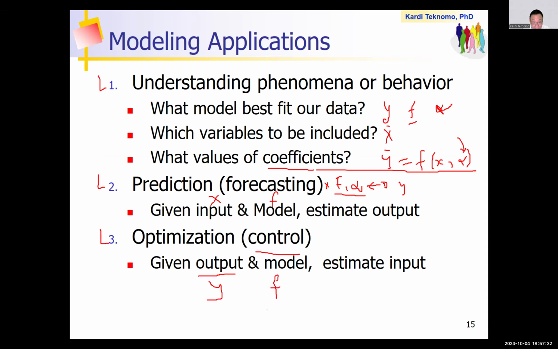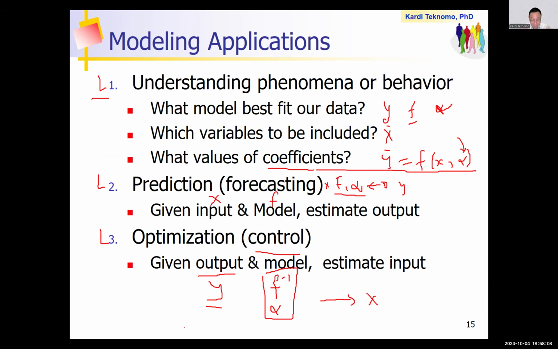The ones that are invariant are actually f inverse and alpha. So these two are invariants. This is the assumption. You have the output, the goal, you have the model, and the parameter calibrated in level 1. Now you want to get the input that I need to change in order to get that goal. Do you understand?